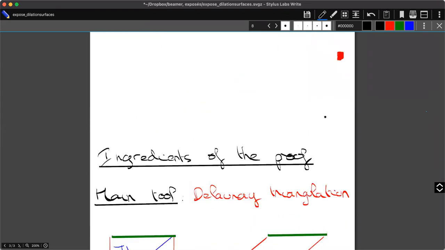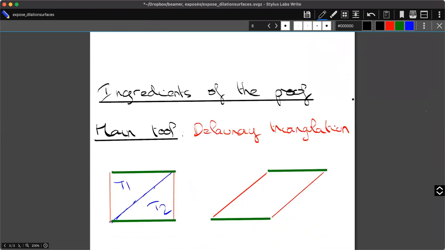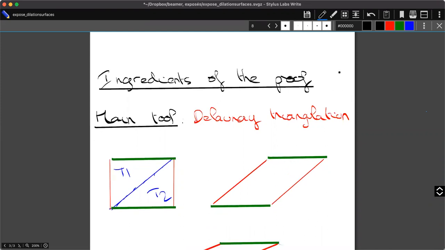So the ingredients of the proof. First, the main tool that we use is the fact that for dilation surfaces, we have a very natural way to triangulate them. This is given by the Delaunay triangulation. I can't even try to define it because I should have introduced the geometric structure more precisely. But you have to think that it's a very natural way to triangulate a surface which does not depend on the way you consider your polygon, meaning which does not depend on the cut and paste.